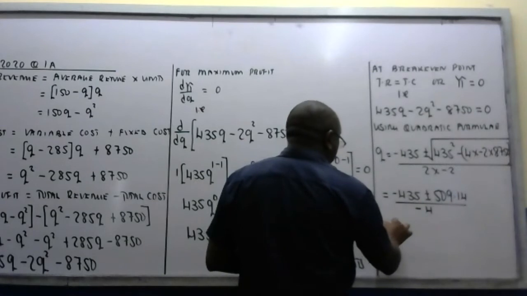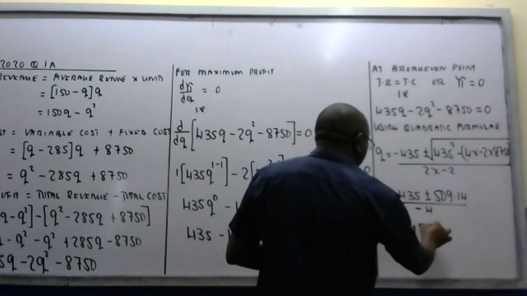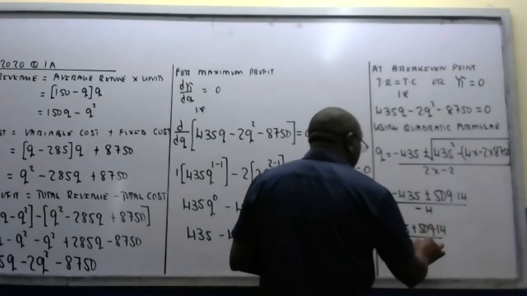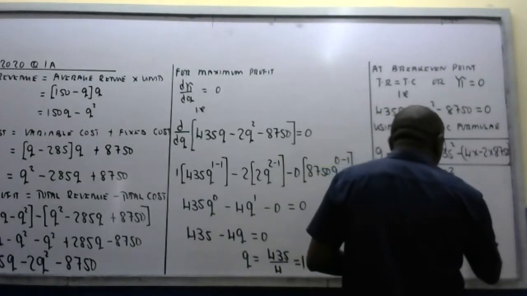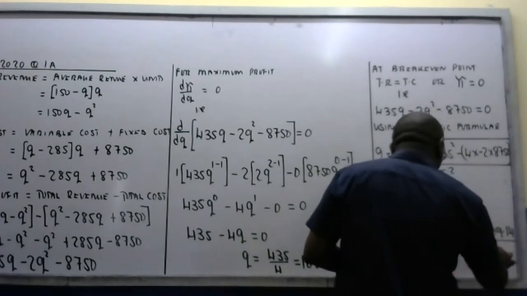So this becomes minus 435 plus 509.14, you divide by minus 4, or minus 435 minus 509.14, you divide by minus 4.